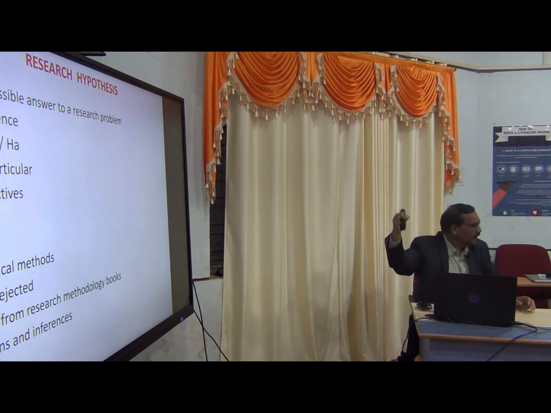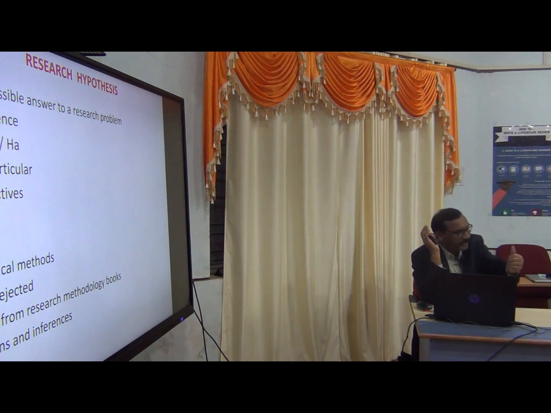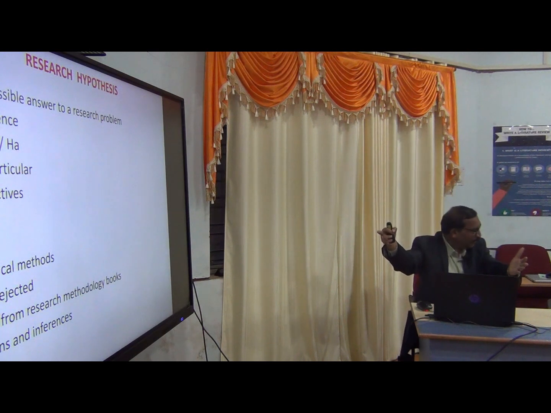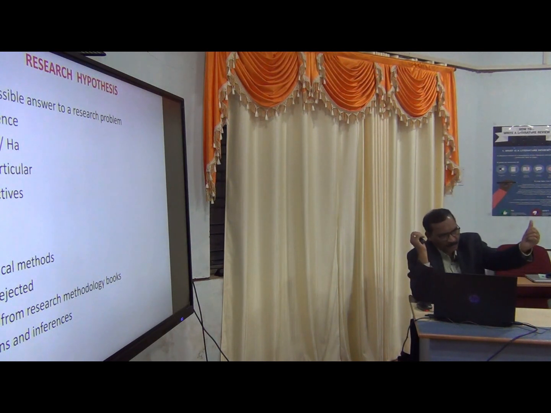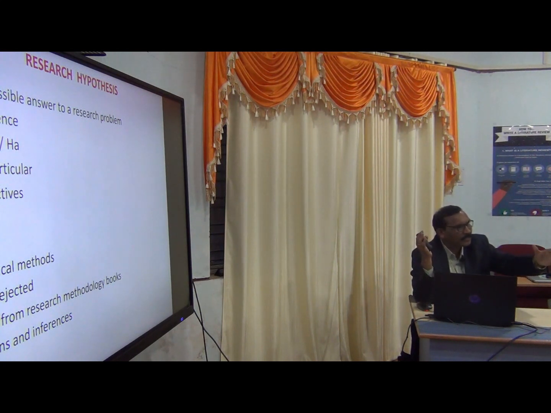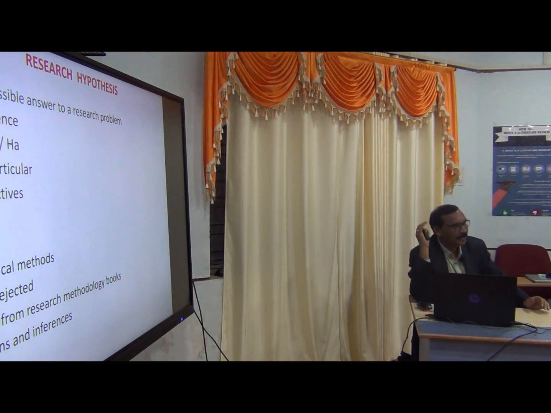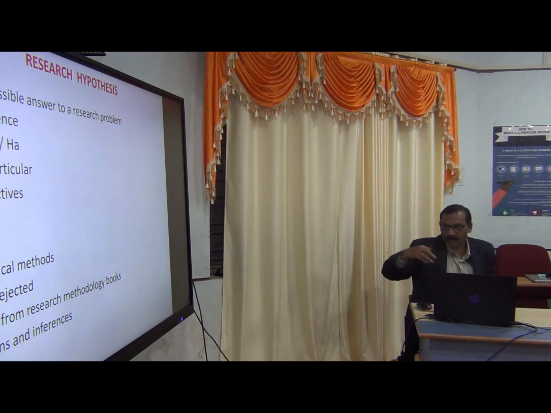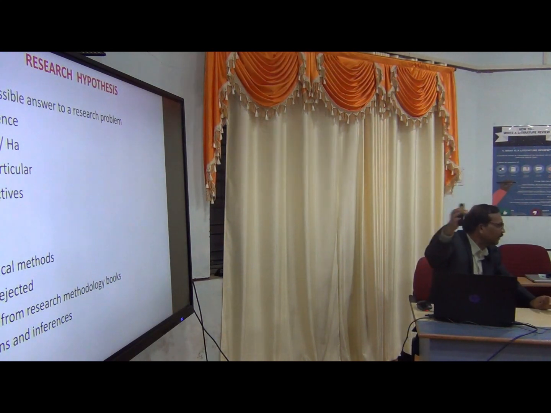At the end of the book, there are t-tables, z-tables, and chi-square tables. We have to compare the calculated t-value with the table t-value, and the thumb rule is, if the calculated t-value is higher than the table t-value, reject the null hypothesis and accept the alternative hypothesis. We also have to incorporate an interpretation of the hypothesis result: what is meant by rejected and what is meant by accepted. This is what the hypothesis is.